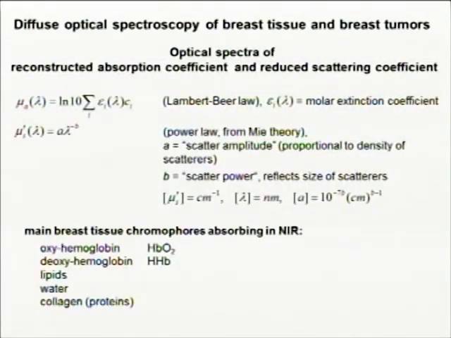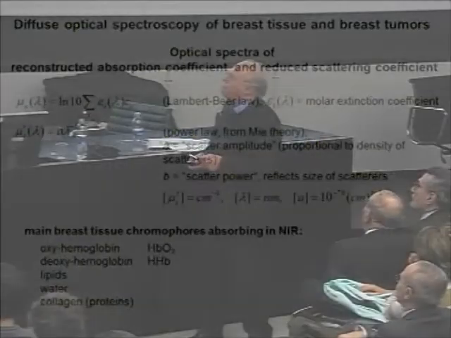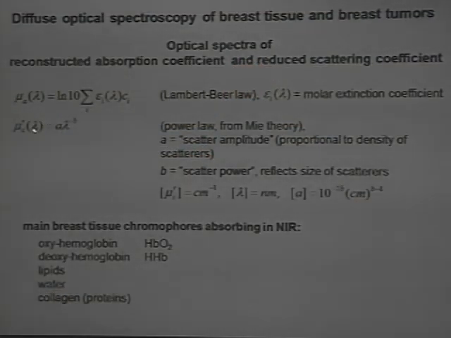Suppose we have done the imaging in time domain or frequency domain at many optical wavelengths. Then we measure the spectrum of the absorption coefficient. We deduce this from the data, and also of the scattering coefficient. And this spectrum can be put into the contributions of the individual chromophores. There are 5 major chromophores in the near infrared in tissue: oxyhemoglobin, deoxyhemoglobin, that's the red blood color, lipids, water, and proteins, collagen.